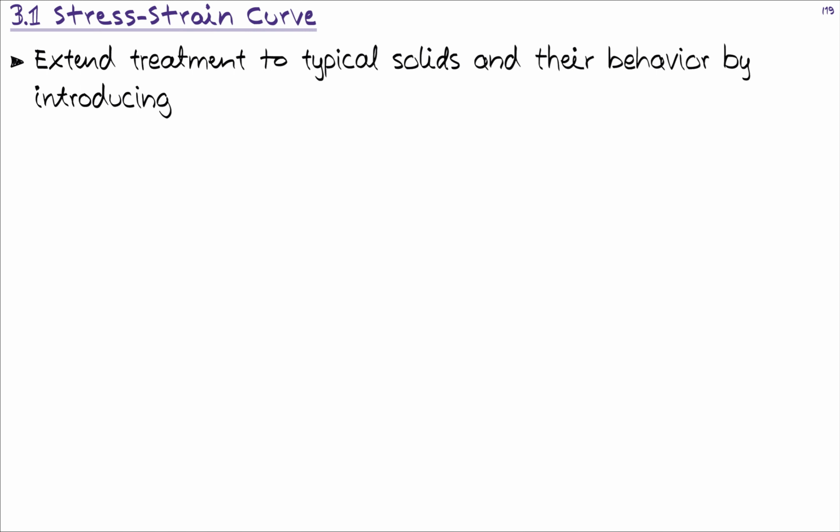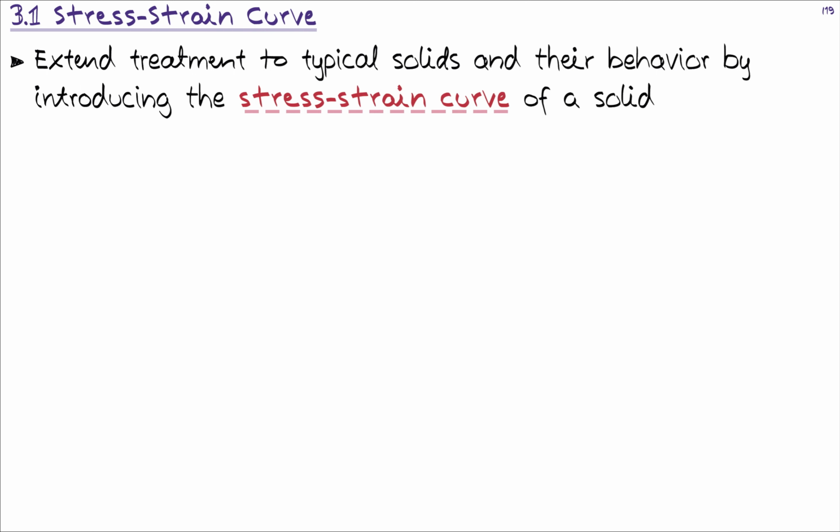And now we want to understand how typical solids behave. And how we do that is that we will introduce to you a stress strain curve of a solid, and how we come about with a stress strain curve is that we perform a tensile testing for the material.